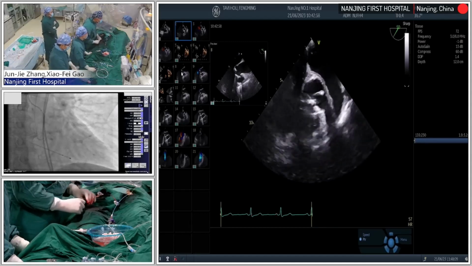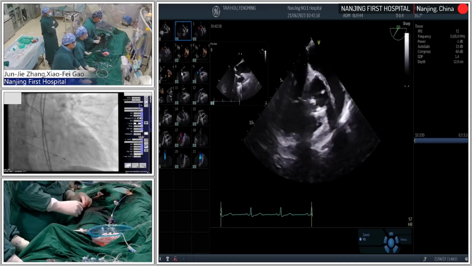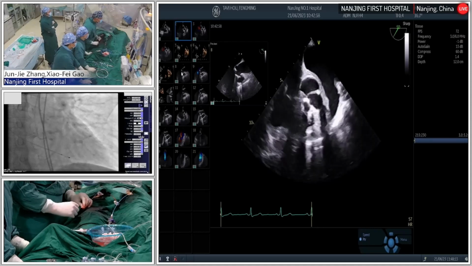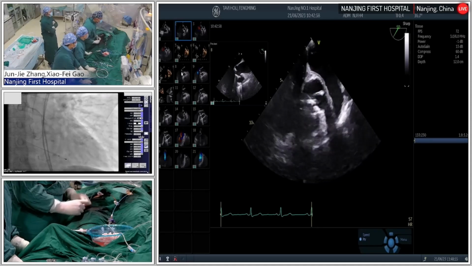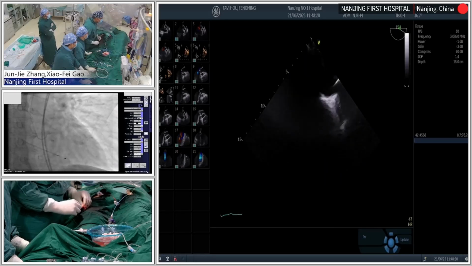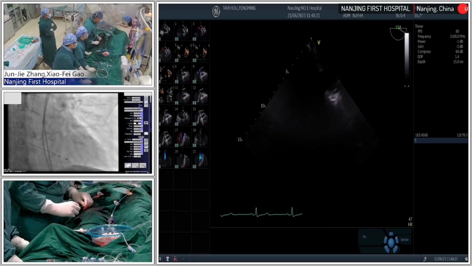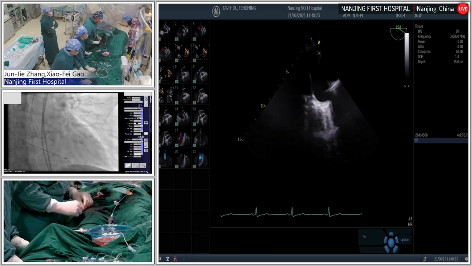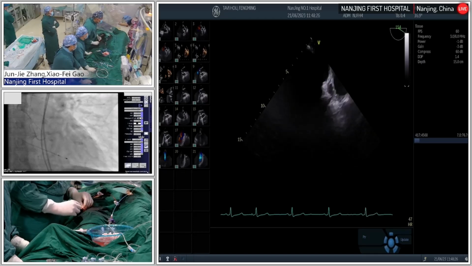Maybe because of money or customs, a lot of Chinese border patients refused CABG or SAVR, and then they choose PCI and TAVI procedure. Professor Zhang, we know you have performed a lot of IHC for heart failure patients.